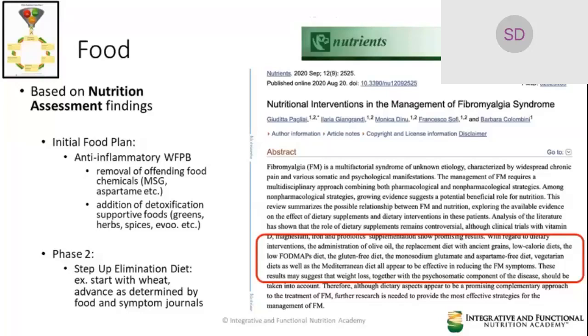These results may suggest that weight loss, together with the psychosomatic component of the disease, should be taken into account. And so, you certainly could then move on to a phase 2 or whatever you want to call it, and that will be totally up to you.